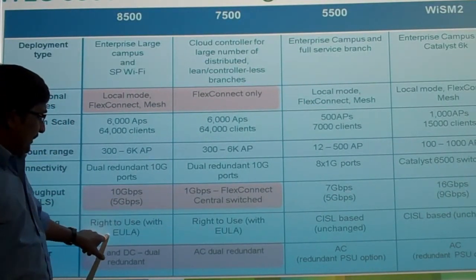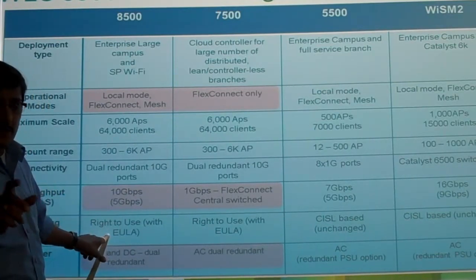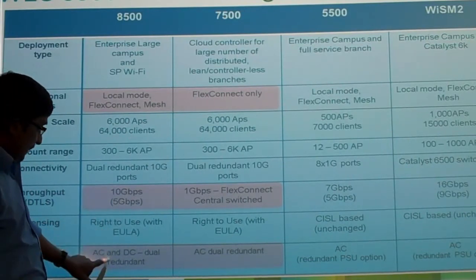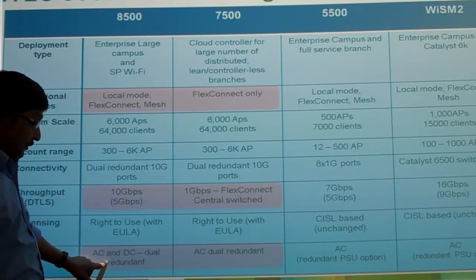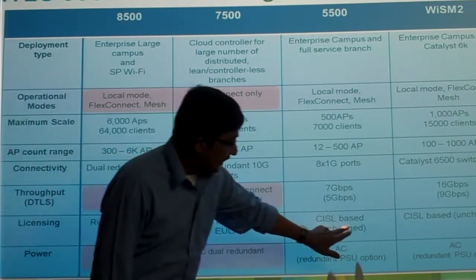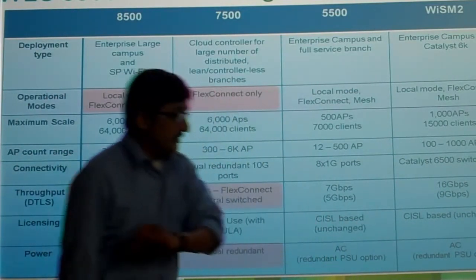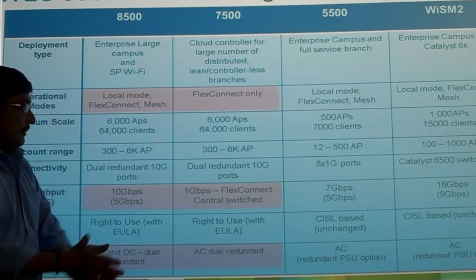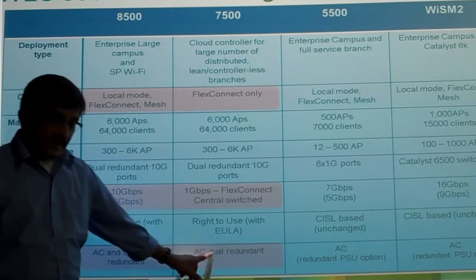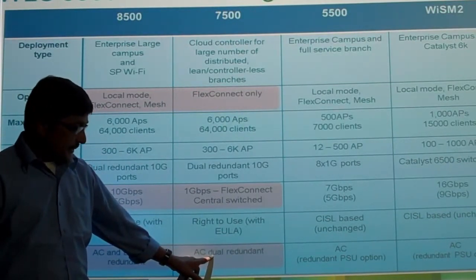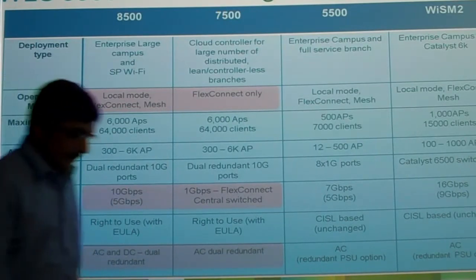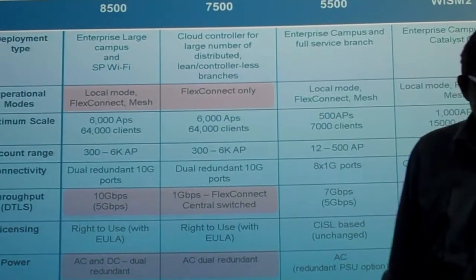We also introduced something called the right to use RTU license, the add-on license. So that's a new licensing feature that we introduced for both the 7500 and 8500. For the 5500 and Wism 2, the existing CISL-based mechanism remains. The other difference is the 7500 only supports AC power supply, whereas 8500 supports both AC and DC.